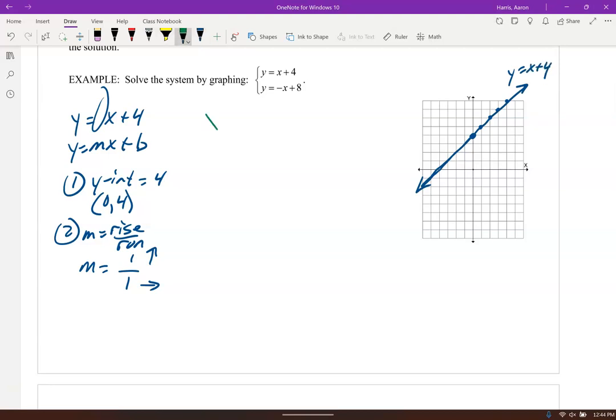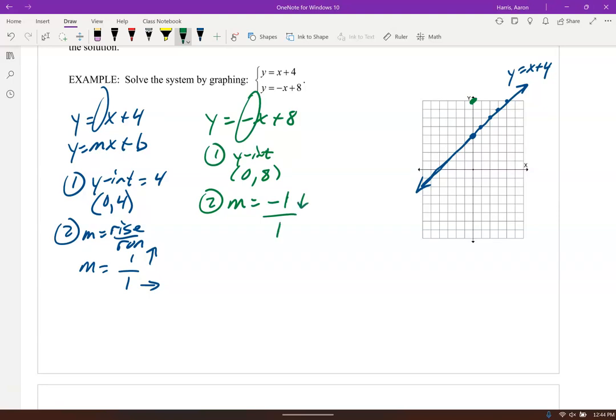Now let's graph y equals negative x plus 8. My y-intercept is 8, so I have the point (0, 8) right there. My slope here is negative 1, the coefficient of x. So negative 1 over 1, so down 1, right 1, down 1, right 1 from the y-intercept, and so on.